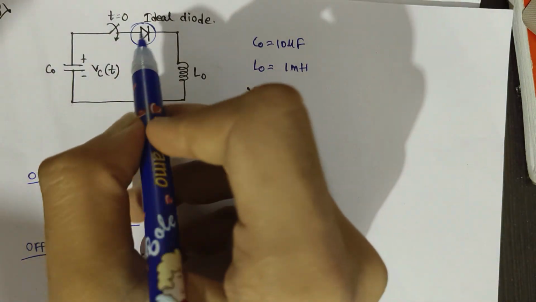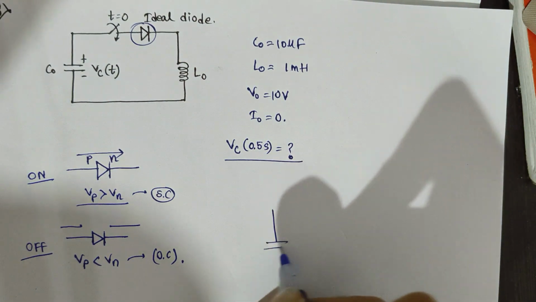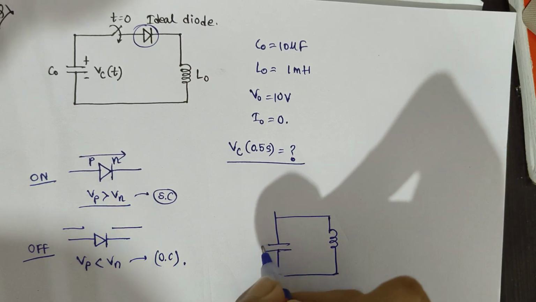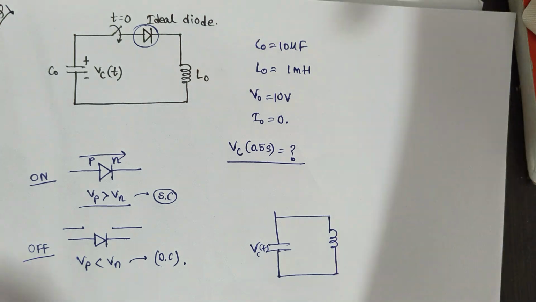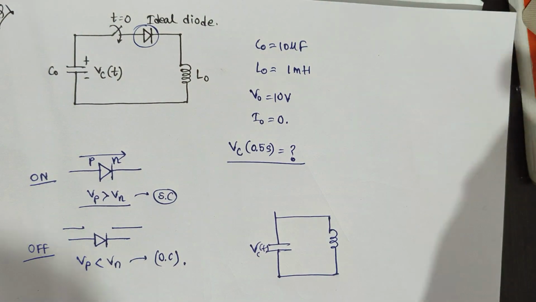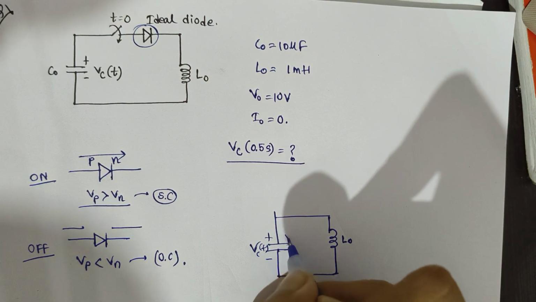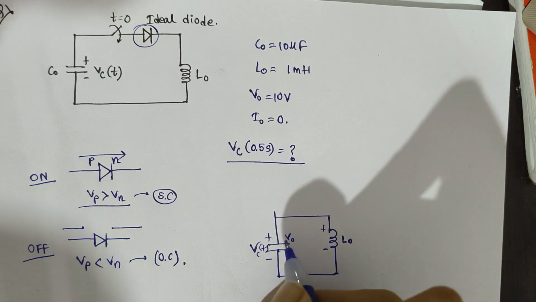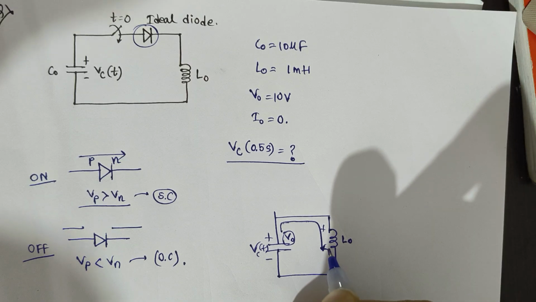So if we assume that the diode is on, we can make this circuit like this. Make this diode like this, and this is L0. So if this is V0 at first, this will be also V0, and the current will flow like this, right?